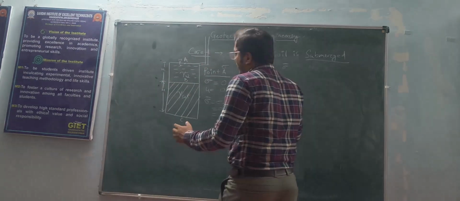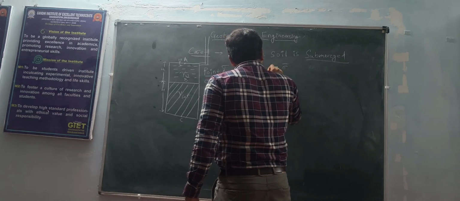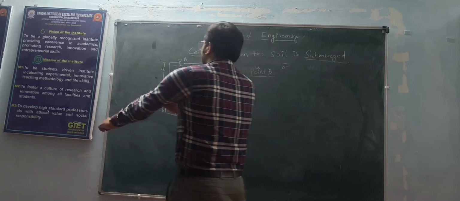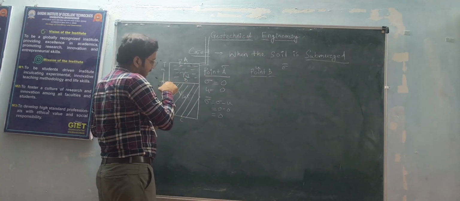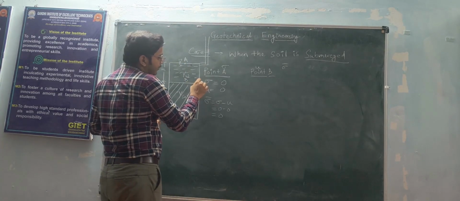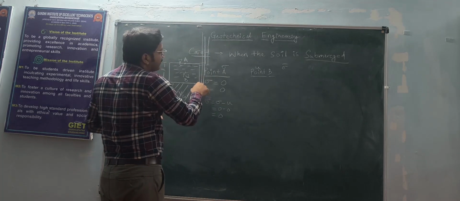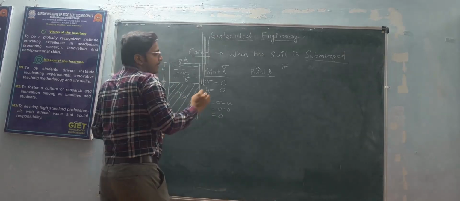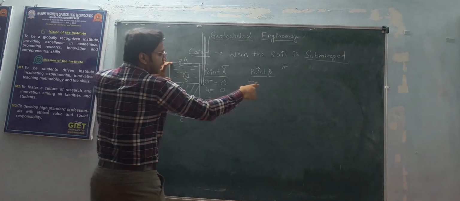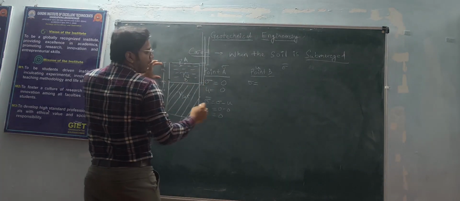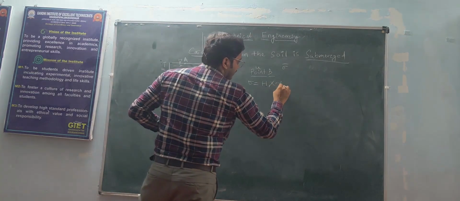After that, at point B, above point B some water is present, and when we add a piezometer here, the water will rise to this much. So in sigma, this part will be H1 into the unit weight of water, that is H1 gamma w.